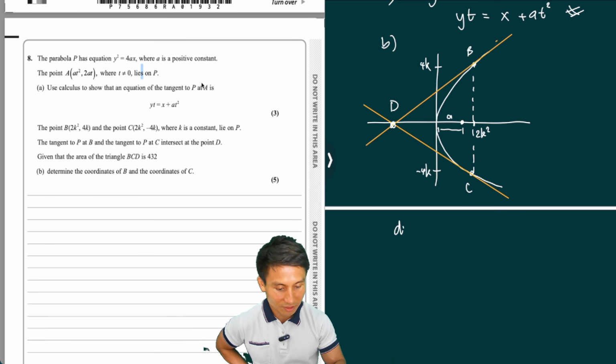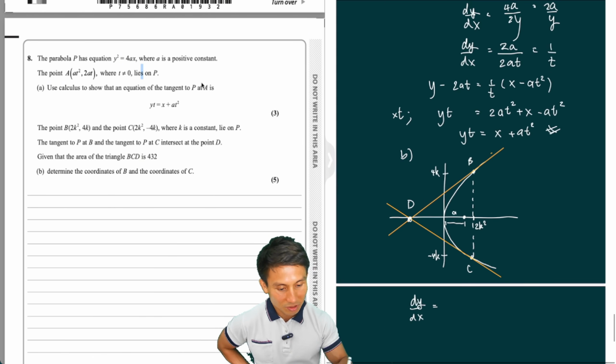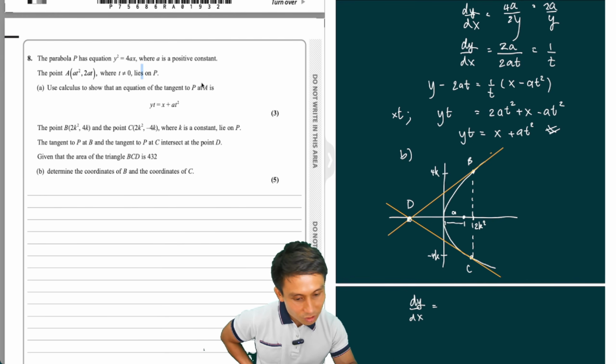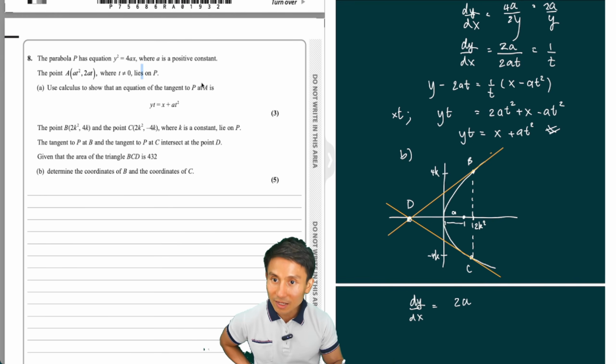So let's just start from dy by dx, and I'm just going to find the tangent for B alone. So dy by dx will be 2a over y, because that's the parabola equation, and y is 4k, so that's going to be a over 2k.